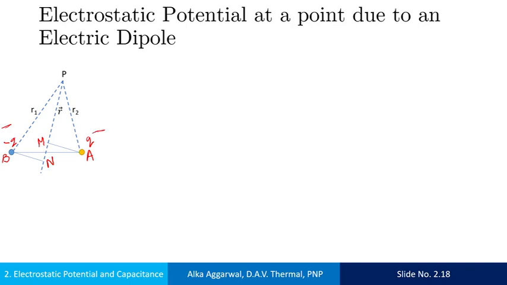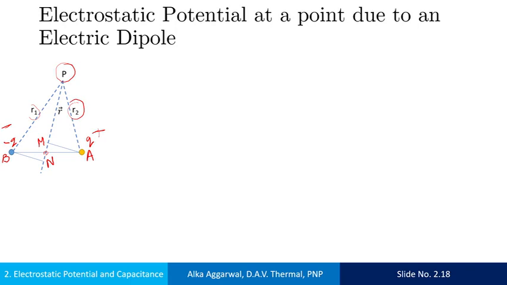Its dipole moment is p. 2a is the distance between the two charges, and P is the point at which we have to find the potential due to this dipole, which is at a distance r from the midpoint of the dipole. Point P is at a distance r1 from the charge minus q, and it is at a distance r2 from the charge plus q.